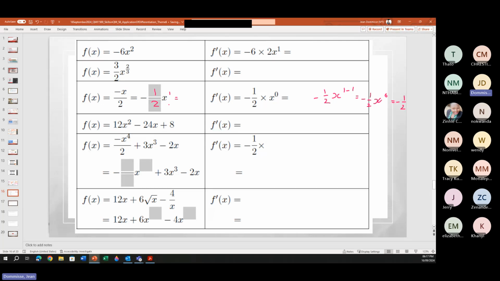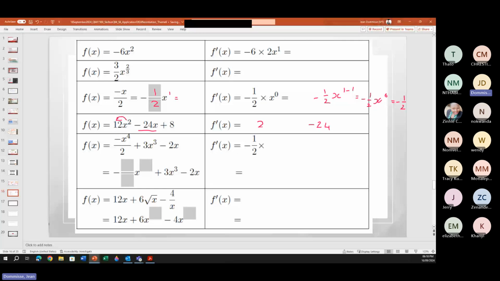Okay, it's the same with the minus 24x. If you differentiate that, it will follow the same route. It will be minus 24x to the power of 1 minus 1, which gives you minus 24. The term in front is a bit different, so the 2 will go to the front.